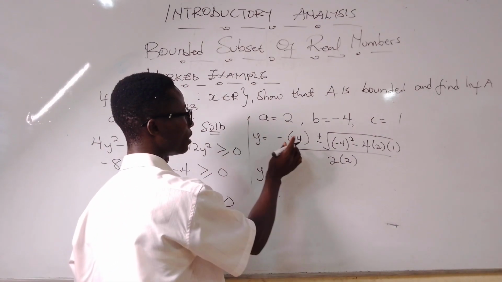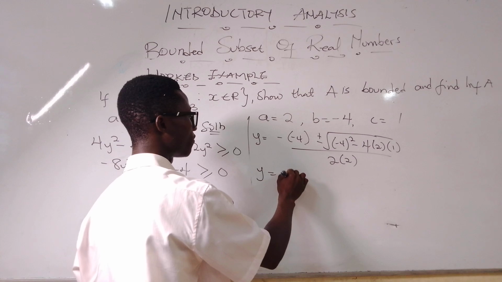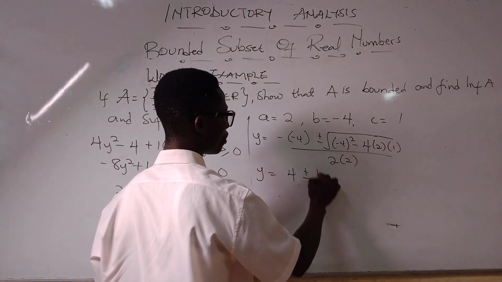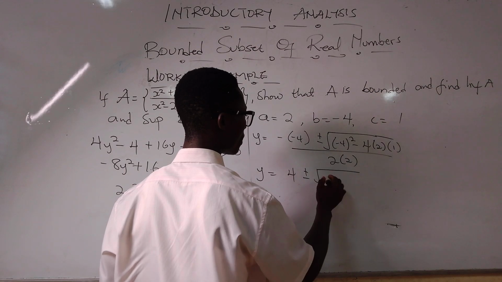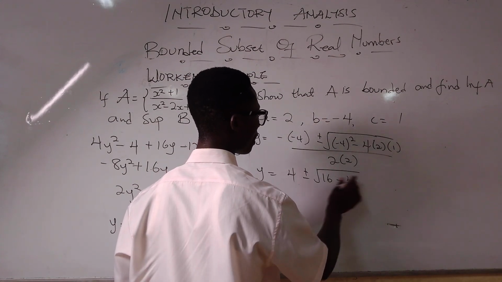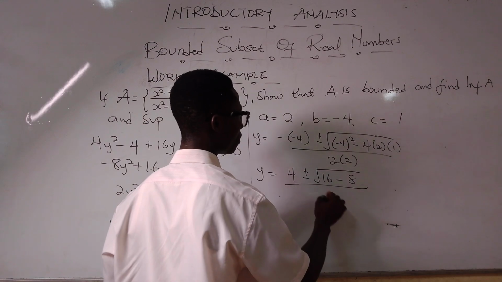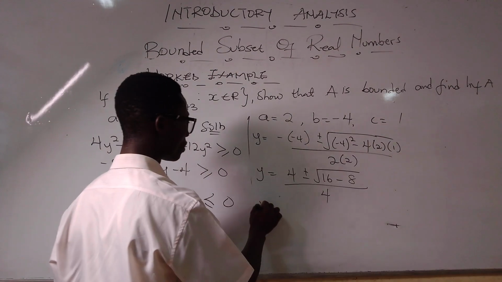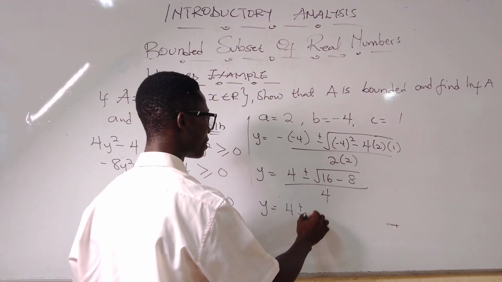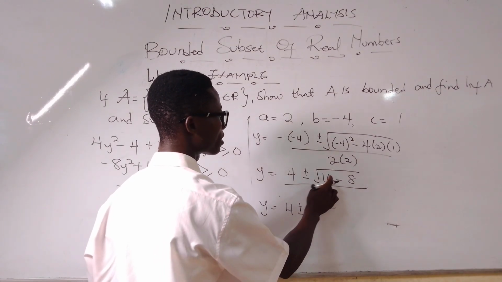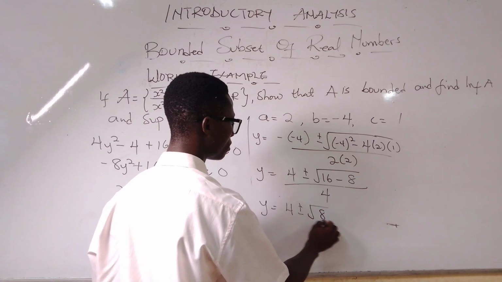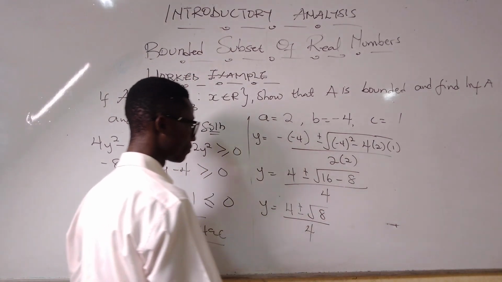So my y will be negative times negative 4 will give you 4 plus or minus. This means I'm going to have 4 squared will give you 16 minus 8, and 4. So y is equal to 4 plus or minus square root of 16 minus 8, will give you 8, and 4.